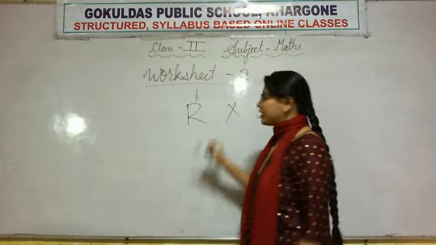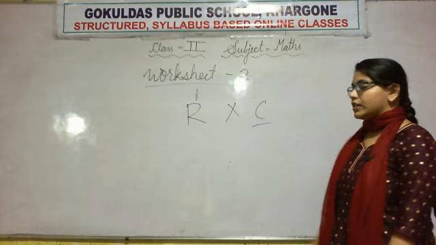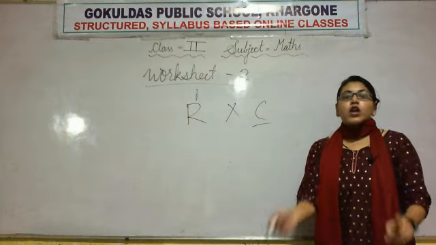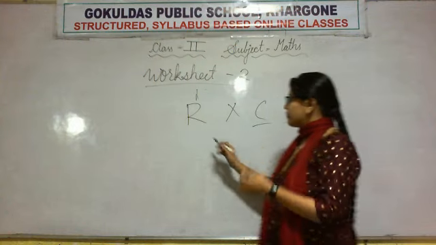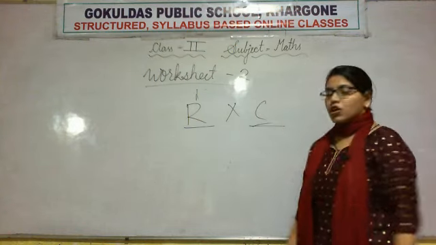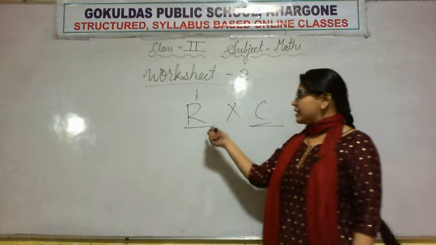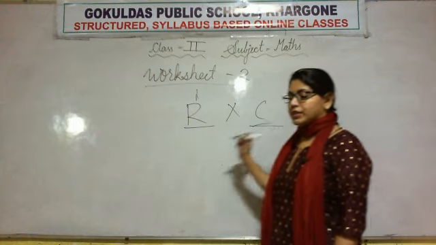The first number we will see in the row and the second number we will see in the column, and where the two lines intersect, that box will be our answer.